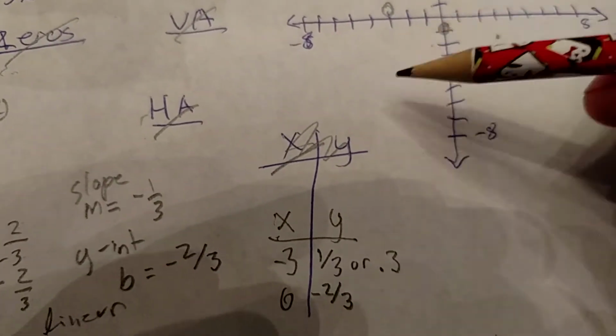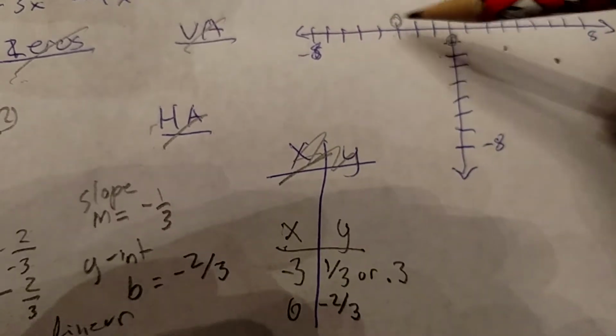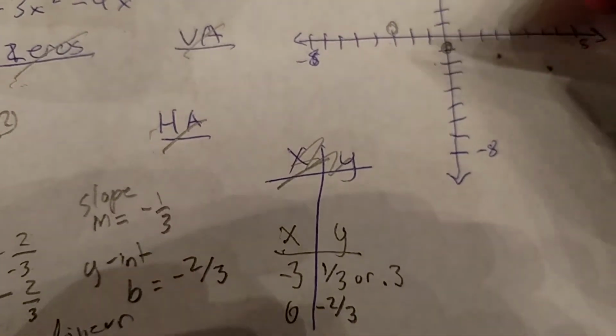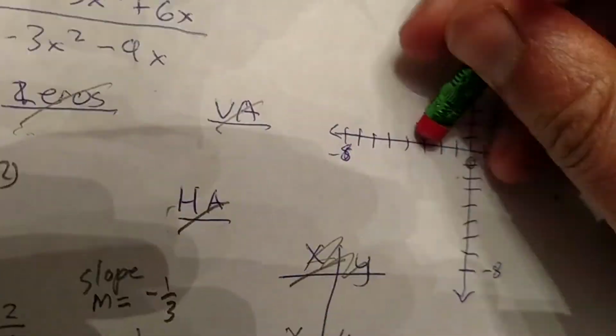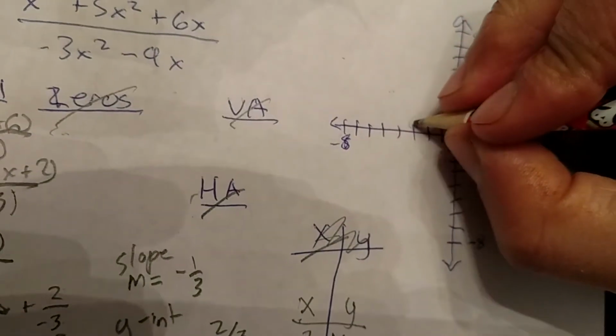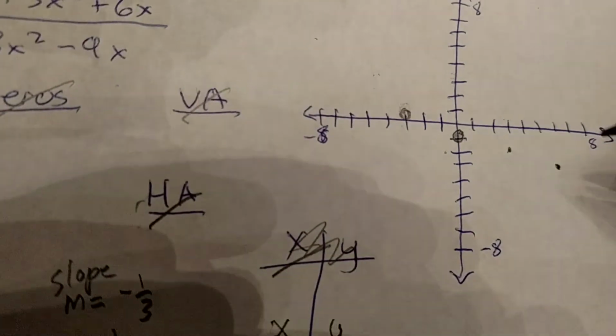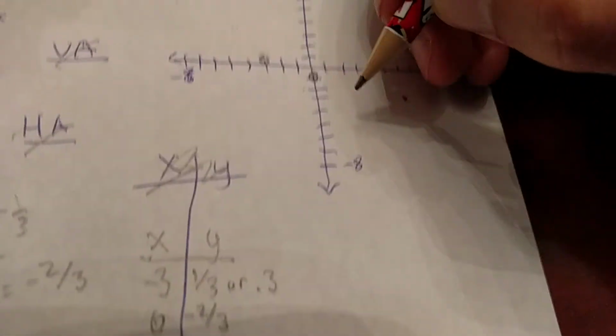So my hole right here is at over 0, down 2/3. And my hole right here is at -3, up 1/3, which is exactly where I thought they were going to be, except this probably needs to move down a little bit. And there you have it. Just go ahead and graph your line.